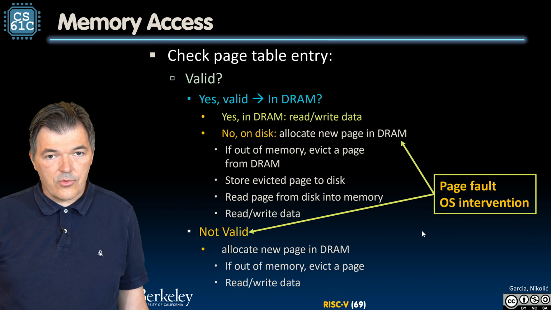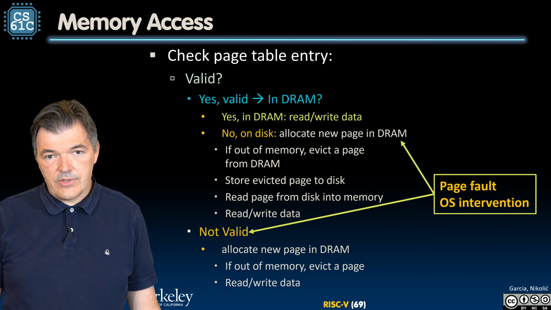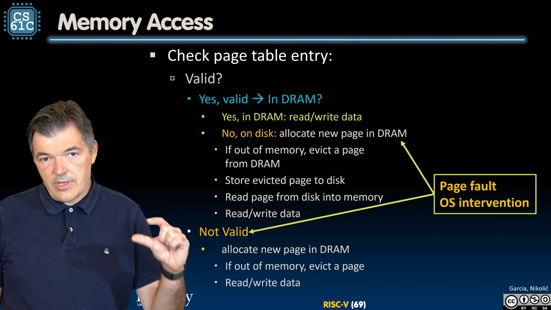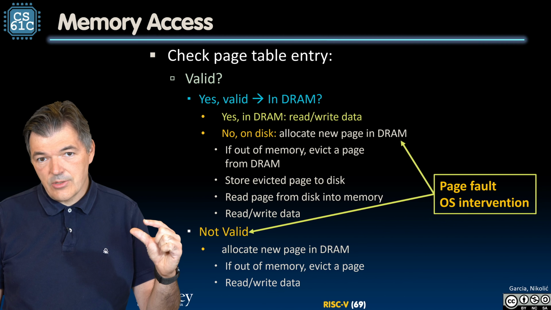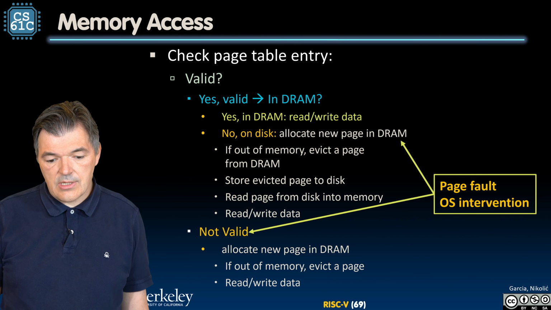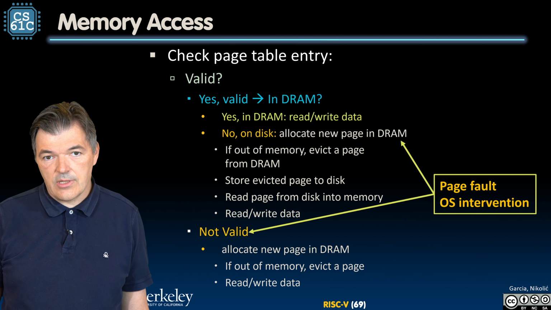If there is no room, if all of the DRAM has been allocated, there is no free space in DRAM, we would have to evict a page from DRAM, and that's usually the one that was least recently used, and move it to the disk. We would read a page from the disk into the memory and then proceed with reading and writing the data.